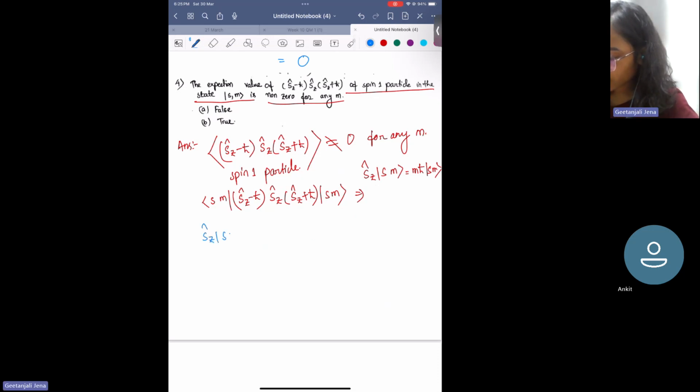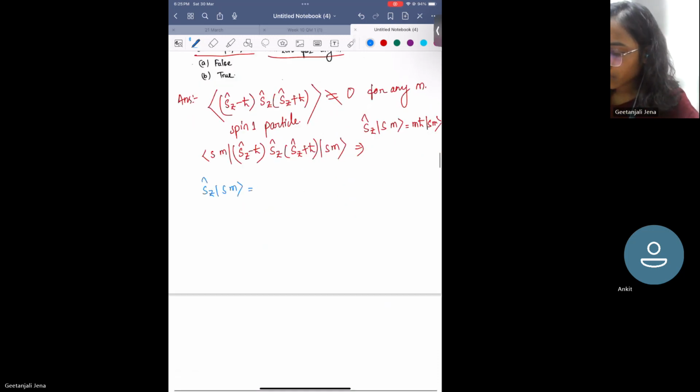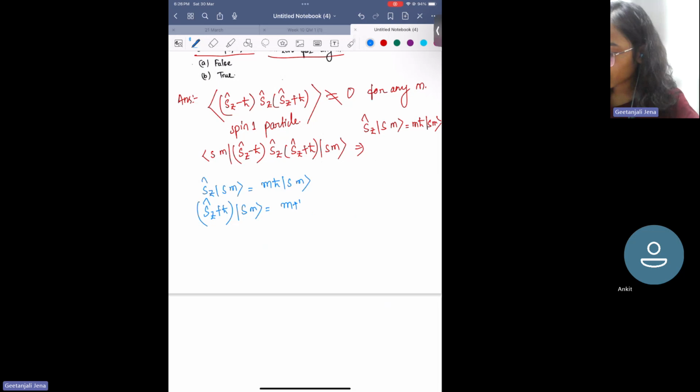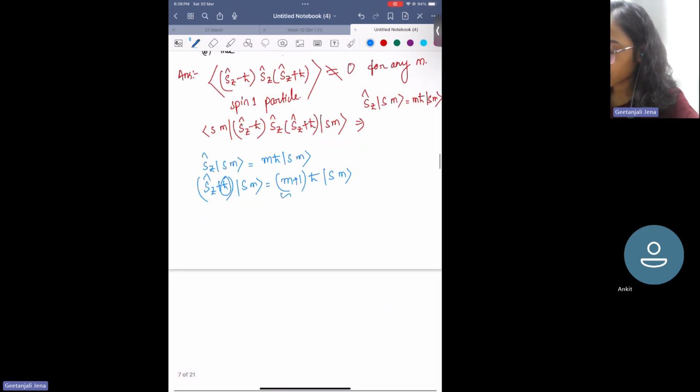When Sz acts on |s,m>, it will give mħ|s,m>. That means when Sz plus ħ acts on |s,m>, it will give (m plus 1)ħ|s,m>. ħ is a constant, so the state will remain the same and you will get (m plus 1)ħ. And when Sz minus ħ acts on |s,m>, we will get (m minus 1)ħ|s,m>.